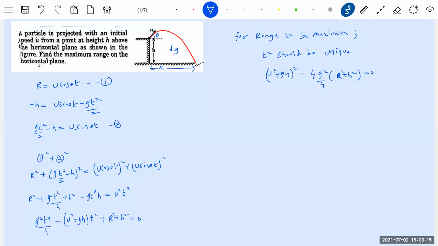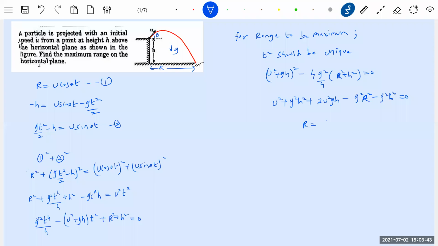Okay, we'll solve this, we'll get expression for range. So u to the power 4, g square h square, 2u square gh, this will be g square r square, g square h square. G square h square will get eliminated, so therefore I am ending up with one equation.